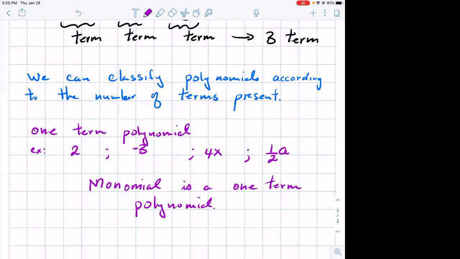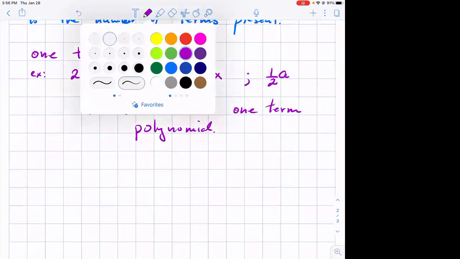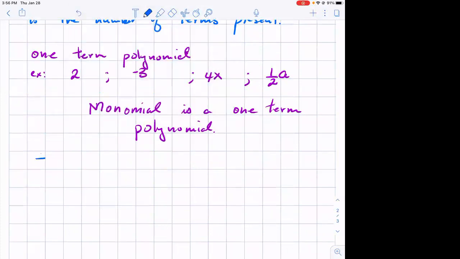Okay? Then we have two-term polynomials. Okay, two-term polynomial.